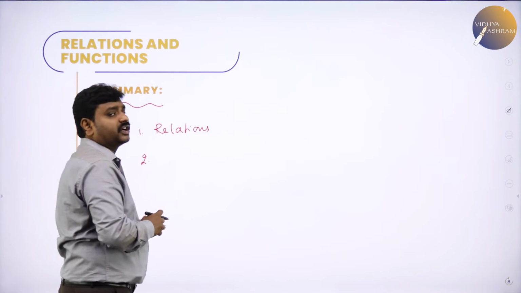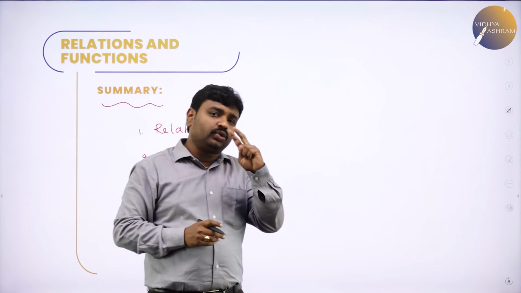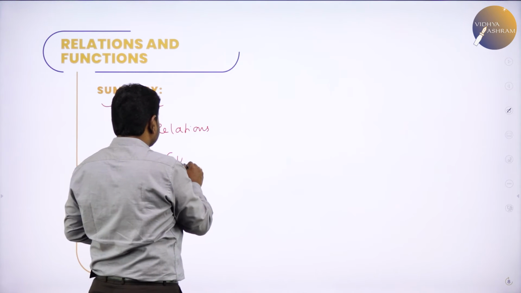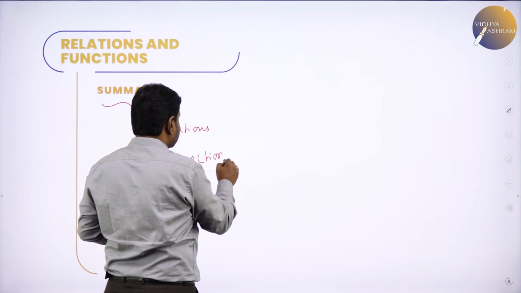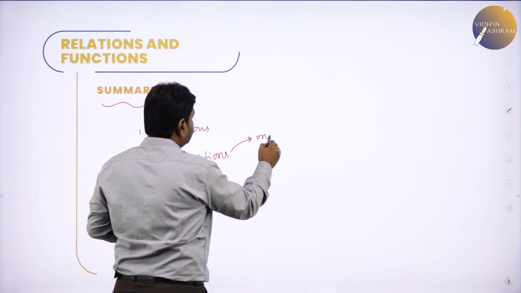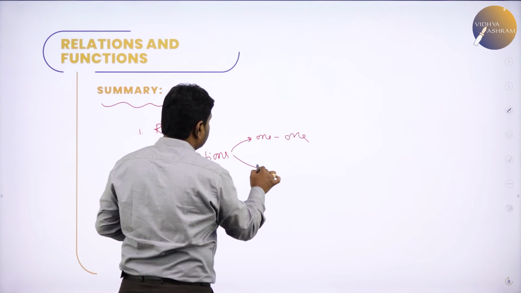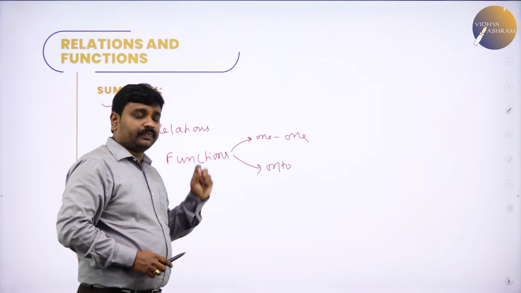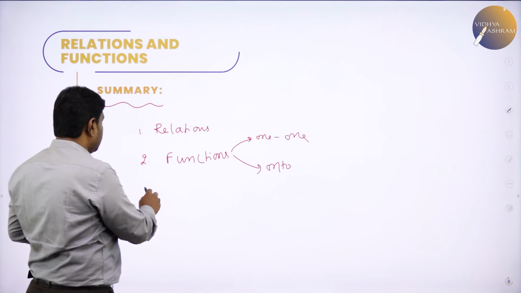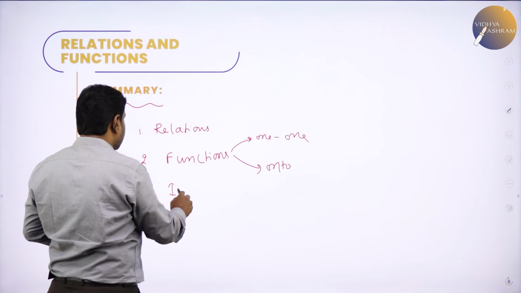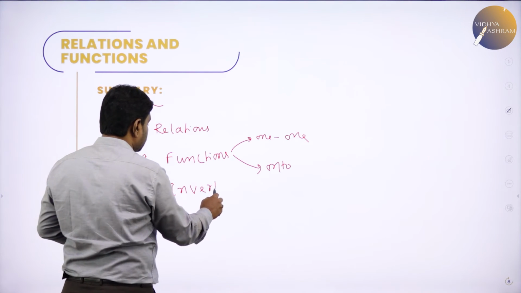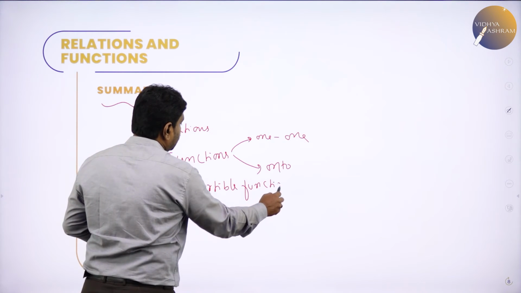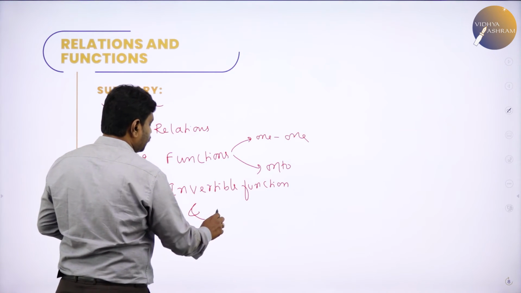Then we studied functions. We studied basically 2 types of functions, one-one and onto functions. We call one-one and onto as what? Bijective. And we have done problems based on one-one and onto. And then we studied invertible functions, proving invertible and finding inverse.